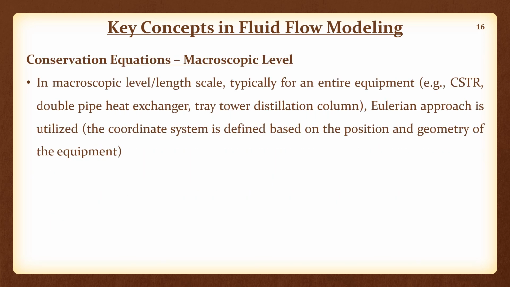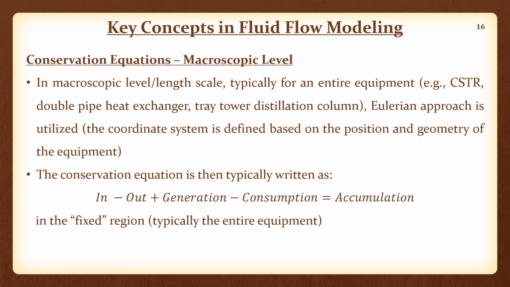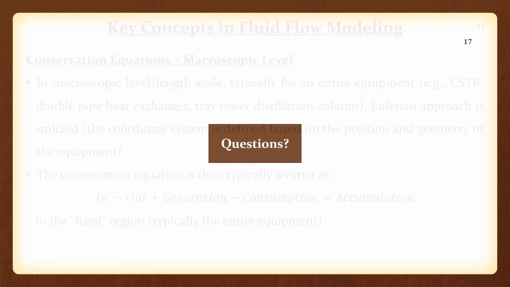At the macroscopic level, the conservation equations are written for entire equipment such as a CSTR, a double pipe heat exchanger, and so on. Typically, because the equipment is fixed, the Eulerian approach is utilized. Again, we write such conservation equations, which we discussed in the previous lecture.